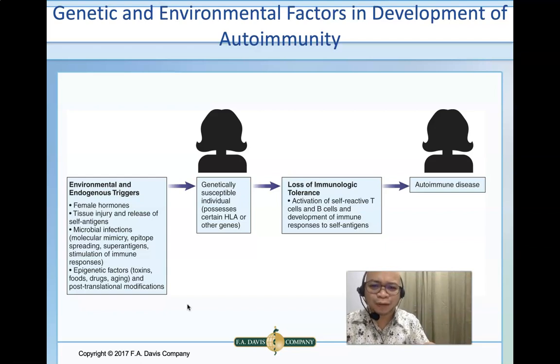So what are the actions? Why do we call it super? Okay? Super antigen can act as a potent T-cell mitogen. Okay? So when we say mitogen, it stimulates multiplication by activating a large number of T cells with different antigen specificities. Now, some of these T cells possess specificity for self-antigens. Yon, nadamay na naman ang walang kamalay-malay nating self-antigen.